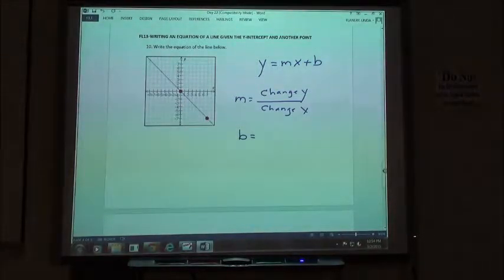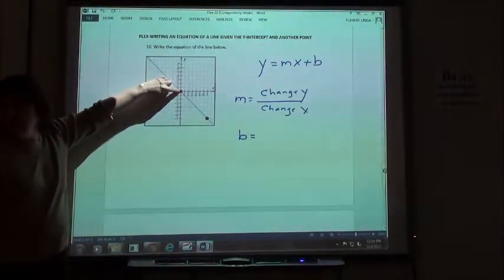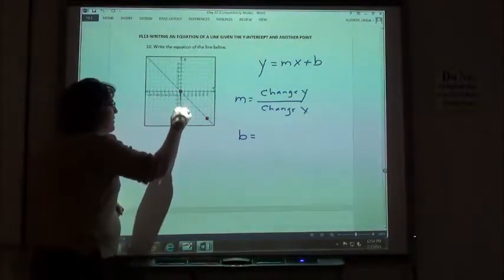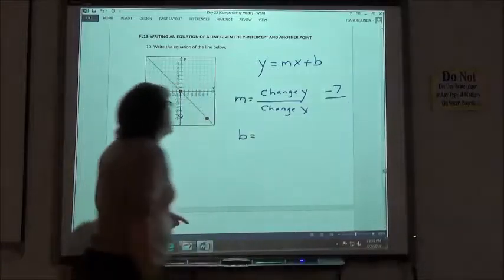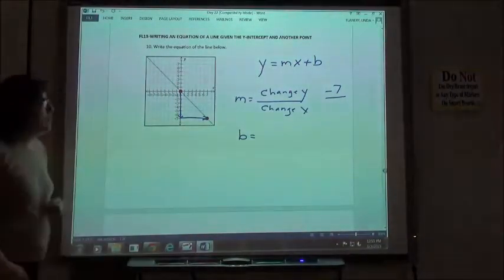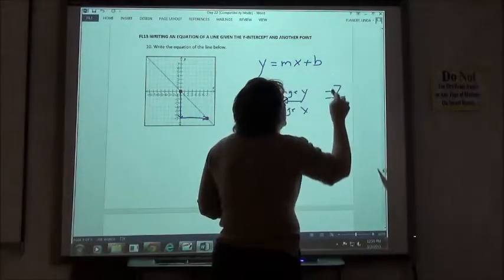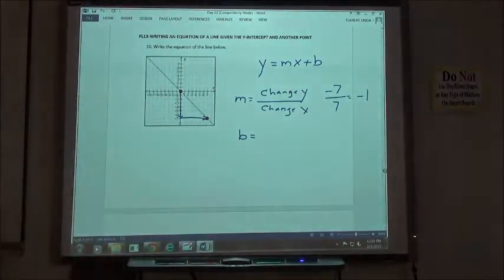So if I look at that first one, and first of all deal with the slope. Starting at this point, the change in y is going to be -7, right? It's going to drop 7. The change in x, you're going to go 7 to the right, so +7. And if I have a -7 over a +7, I can simplify that into -1.